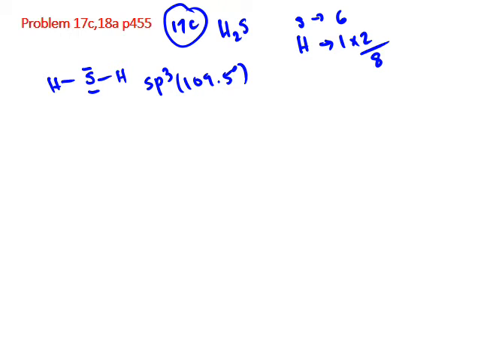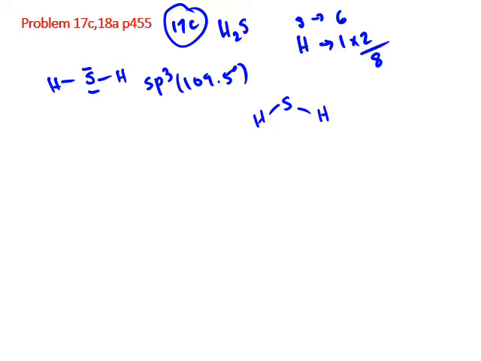So now you can write down here H-S-H. This is not going to be quite 109.5 because the 2 unshared electron pairs on sulfur are going to squeeze that angle to a smaller value than 109. So let's write down like this. And now we can answer this question about what kind of intermolecular forces are there.